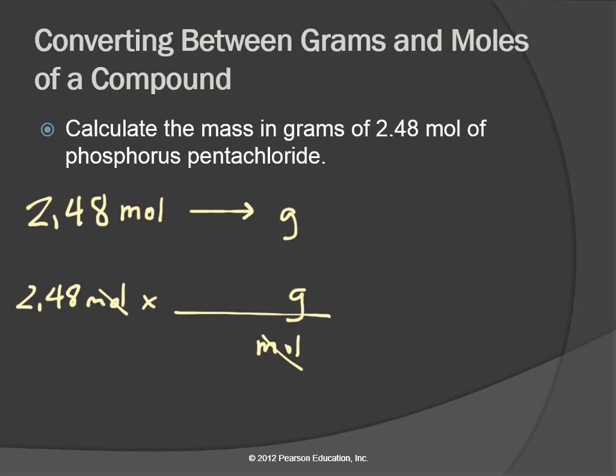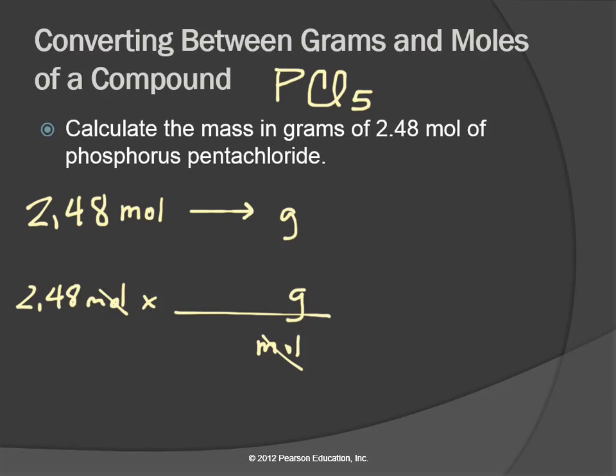Phosphorus pentachloride, what kind of compound is that? It's a covalent, a molecular compound, because it has 2 nonmetals, phosphorus and chlorine. The other clue is that prefix penta. So phosphorus is P, and penta means 5. Chlorine is Cl. So there's 1 phosphorus and 5 chlorines.